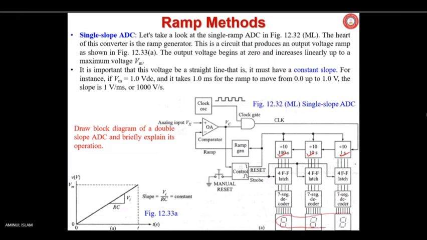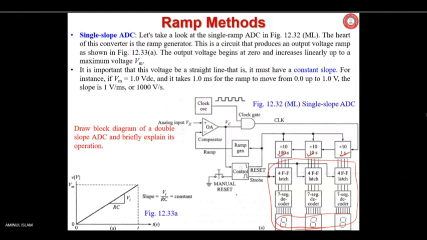This is additional, the whole thing is additional. If you have this, then you can show the analog value in digital form. Possibly that is done by various vendors who design digital oscilloscopes or digital multimeters.